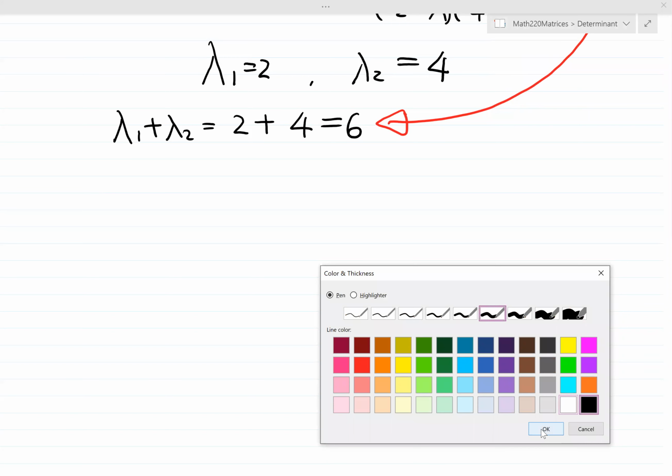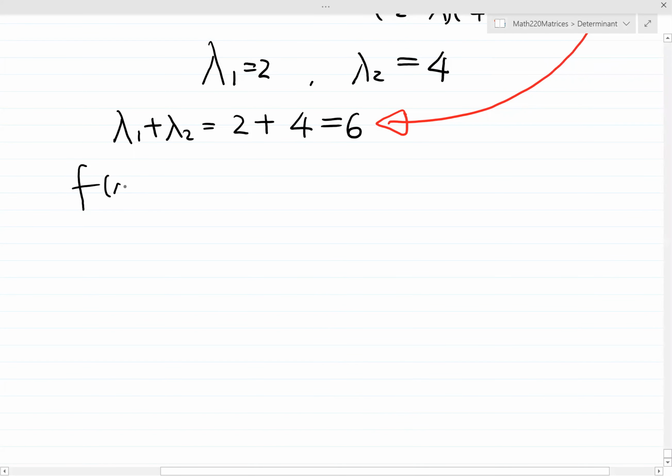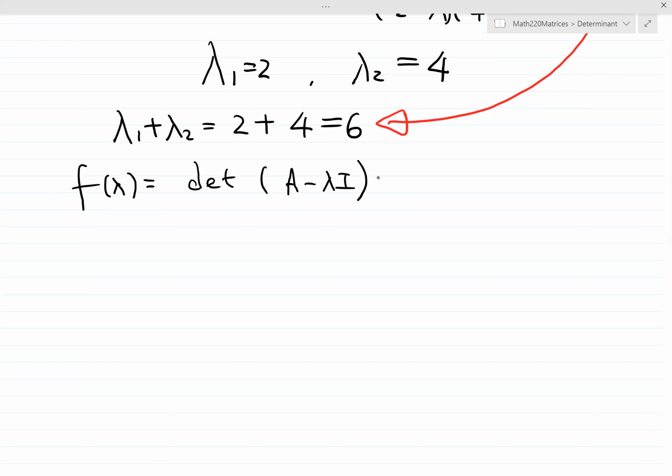Now remember we have f(lambda) to be the determinant of A minus lambda I. Here lambda is a scalar, so this is a polynomial. However, if you formally substitute lambda by A, then lambda times I becomes A times I, and A minus A will be 0.